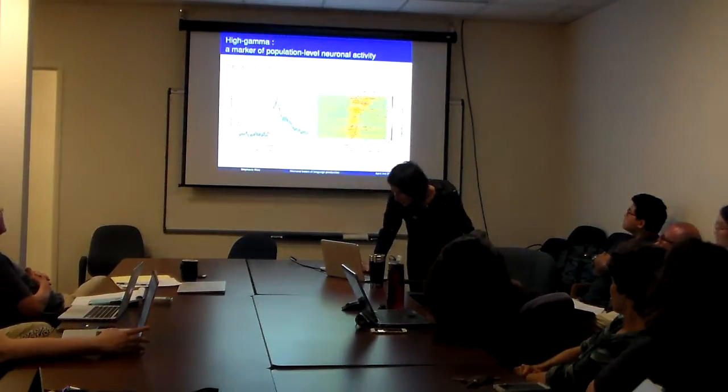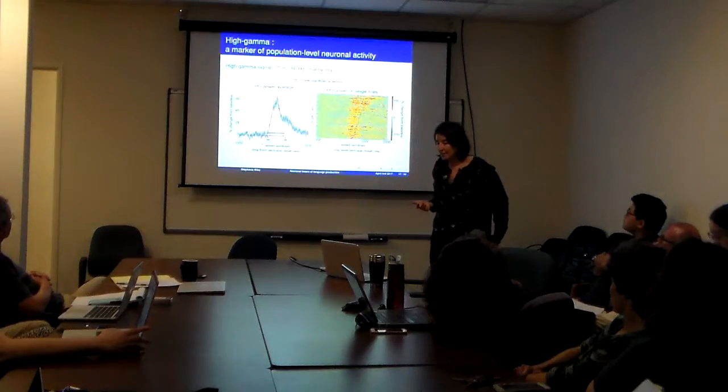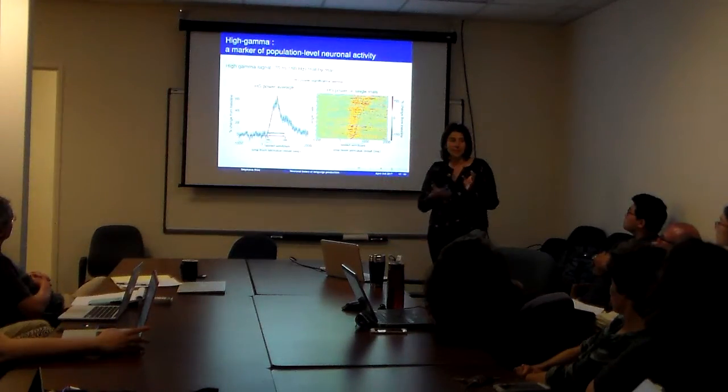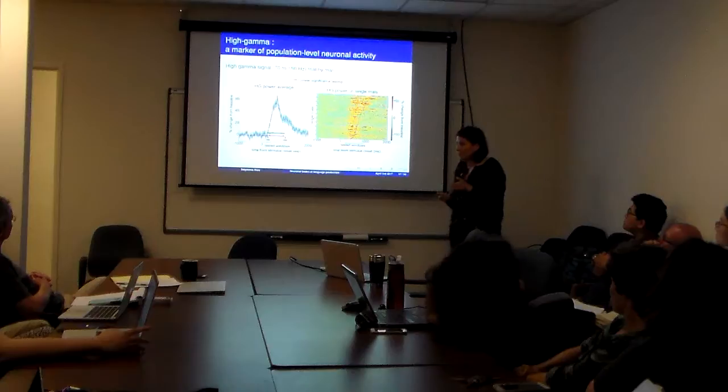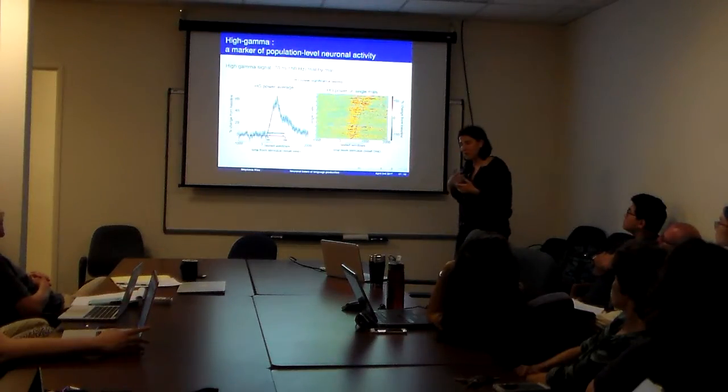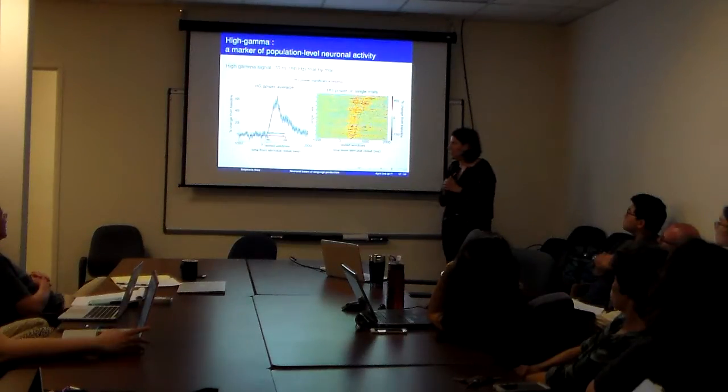Okay. And so this is how I analyzed the signal, and there are many, many different ways to analyze ECoG data because it's so rich. It took me a long time to figure out how I wanted to analyze it, and this is the way that I came up with in the end.